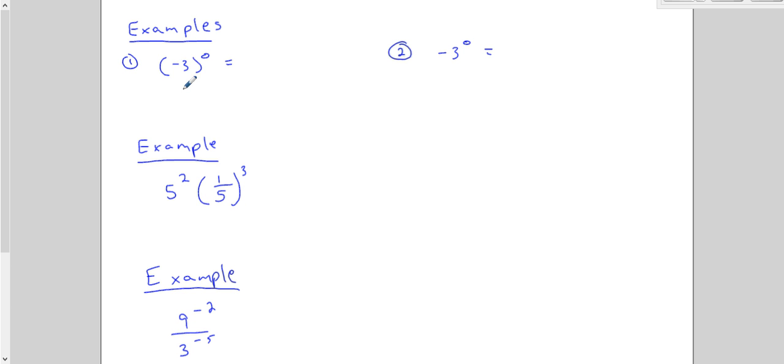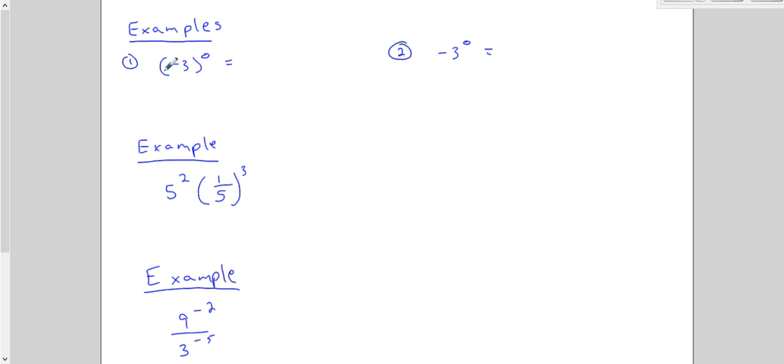Okay, some examples. Here I show you two different possibilities with a 0 exponent. Notice the difference. I have parentheses around the negative 3. Over here in example number 2, I do not have parentheses. When I have the parentheses around the negative, I am taking an exponent of 0, affecting this as a negative 3.